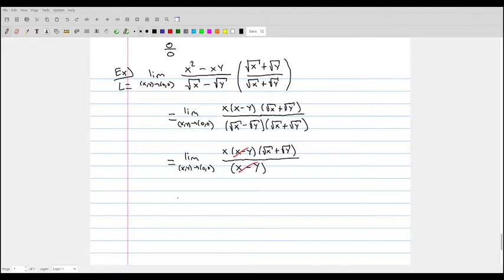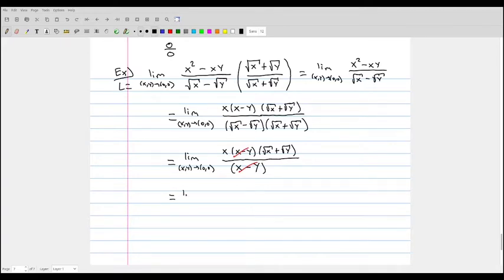So the limit that we were originally looking for, remember, was the limit as (x,y) goes to (0,0) of x squared minus xy over square root of x minus square root of y.